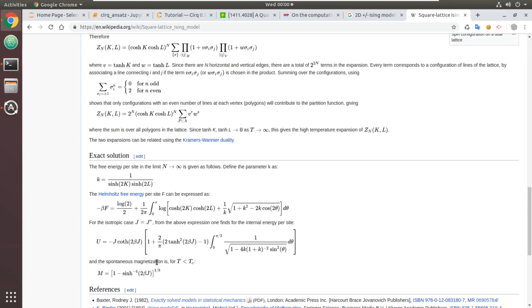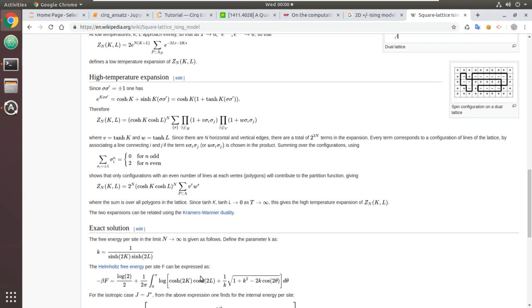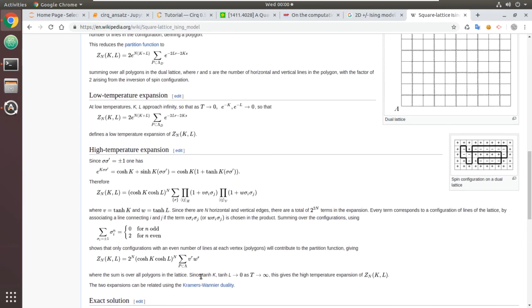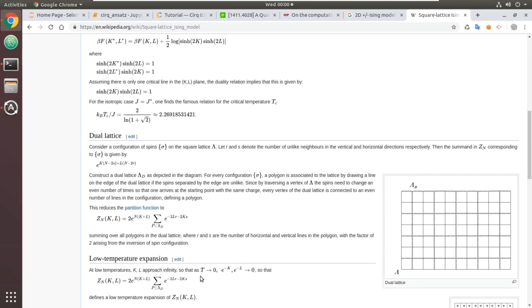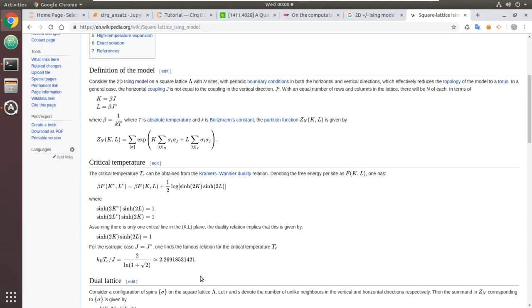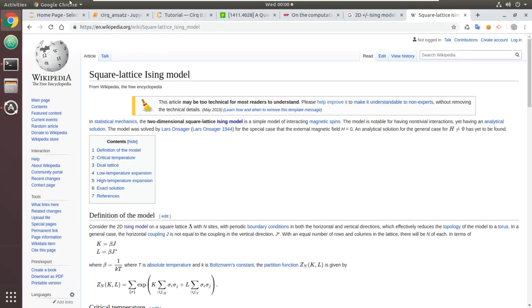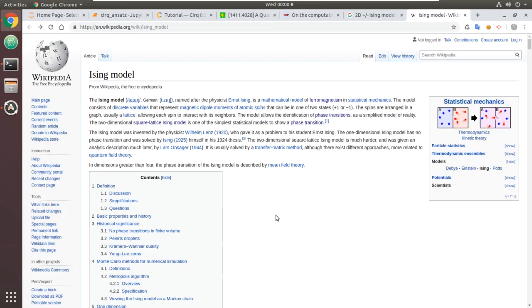Spontaneous magnetization. But what is the solution? It's a model, so you can ask it questions, I guess, about the interactions and the ferromagnetism stuff. But that's a good start, I think.